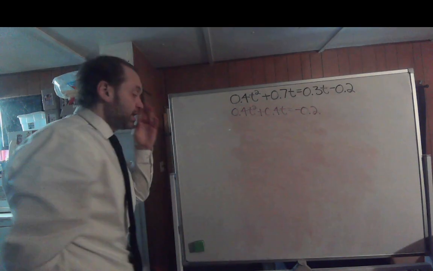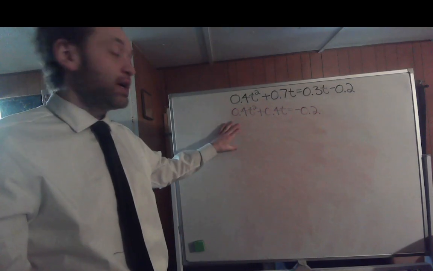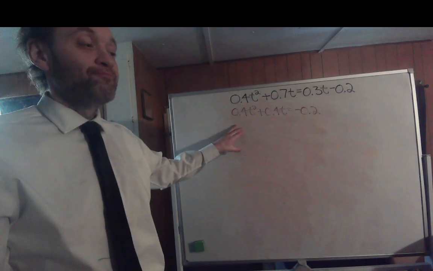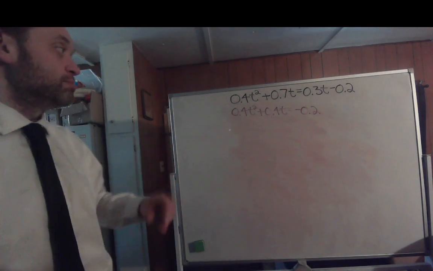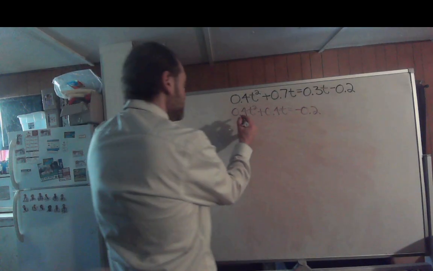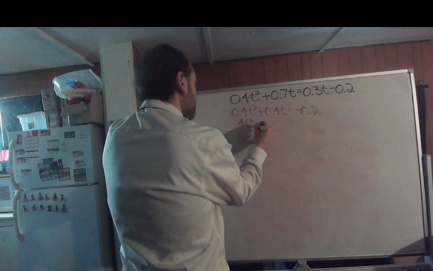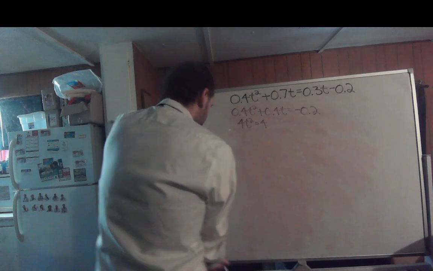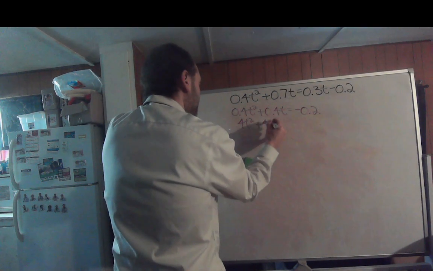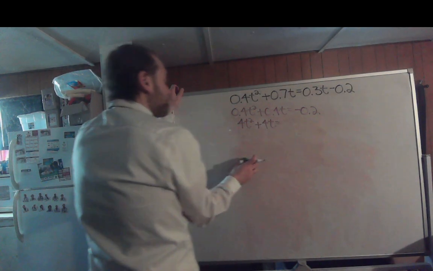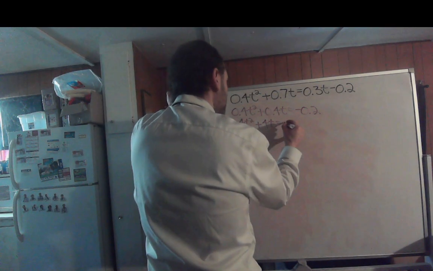Well, okay. So the coefficient on your t squared term is 0.4. First thing I would do is get rid of the decimal on that. Multiply everything by 10. You'll end up getting 4t squared plus 4t would end up equaling negative 2.